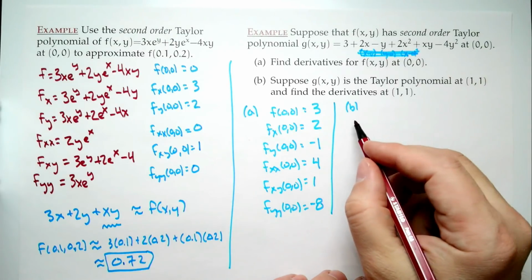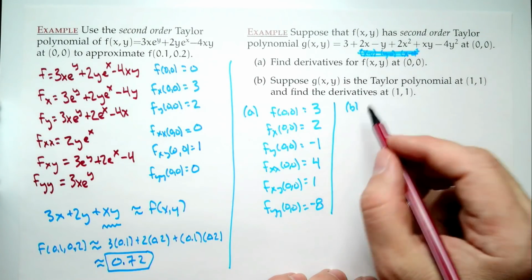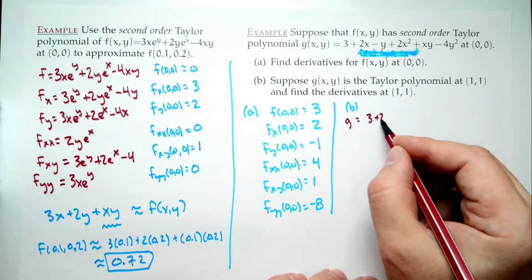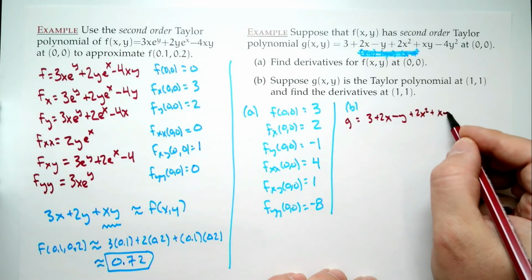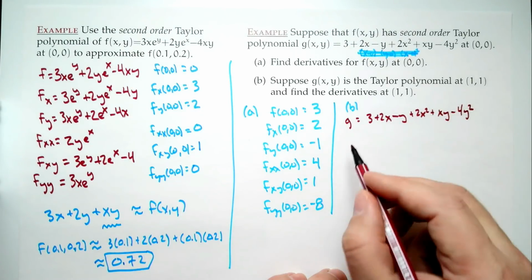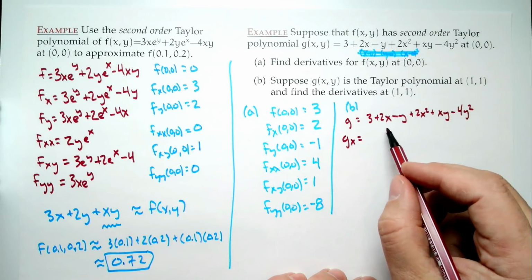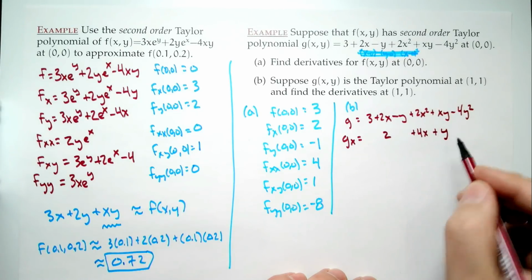Okay, so what I'm going to do is I'm really going to say, let's look at g at 1, 1. So g, again, I'm just going to write down 2x minus y plus 2x squared plus xy minus 4y squared. So we look at g sub x. G sub x, well, 2 plus 4x plus y.